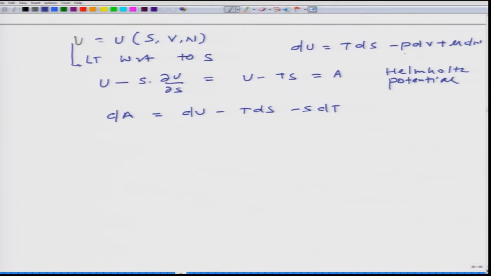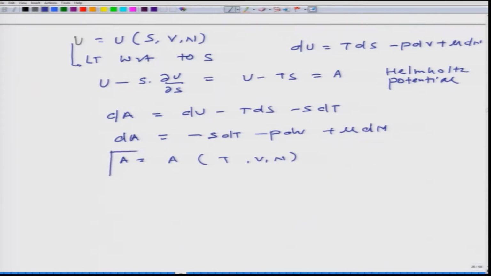We can plug in the expression of dU here and show this as minus S dT minus P dV plus mu dN. Thus this is a function of V, N and T. So, we have converted the S variable to T, V, N by taking the Legendre transformation with respect to S. For this function, T, V, N are the natural variables.